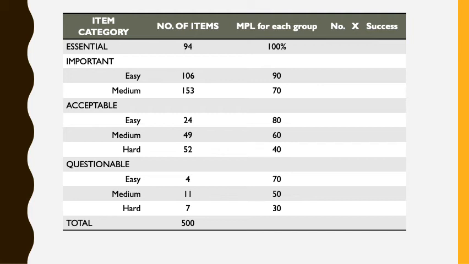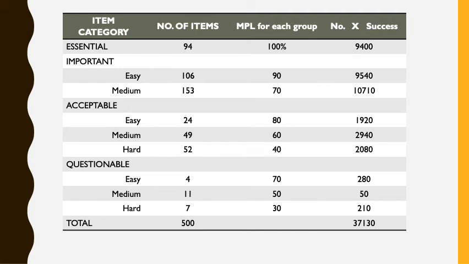Okay. So in this case, they found that there are 94 essential questions. There are about 106 easy but important questions, and so on and so forth. What you do is you just multiply to get the values for the last column. So there, you can see in the last column the product of columns 2 and 3. And at the very bottom, you will see this number, 37,130.